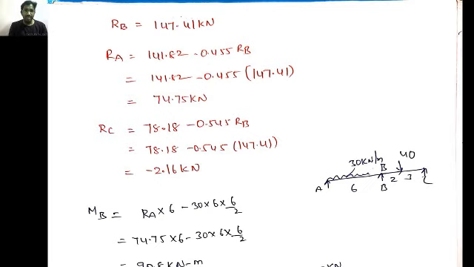So what about the moment at point B? Take the moment at point B from either A or from C. Both are correct, so you can take from A or from C. I am taking the moments at B. So RA into 6, that is a clockwise moment up to point B, and the uniformly distributed load is also there, that is minus 30 into 6 into 6 by 2.